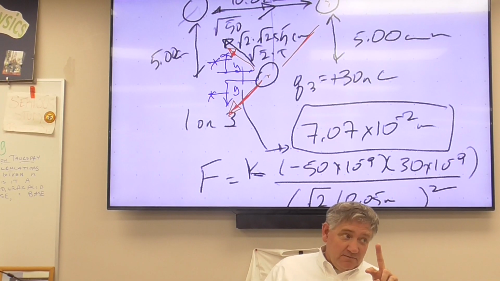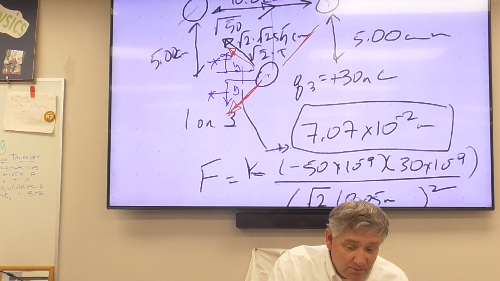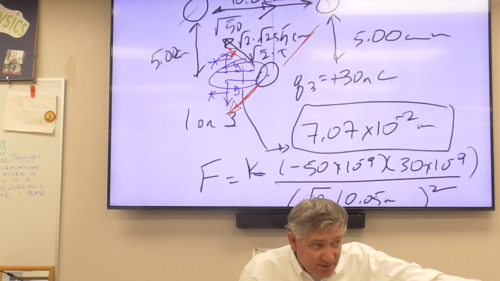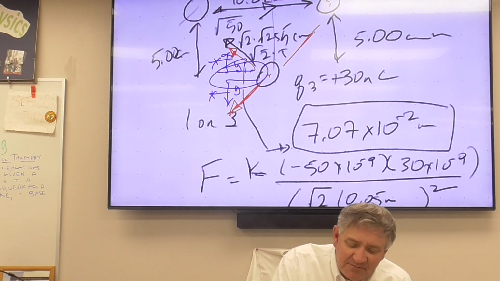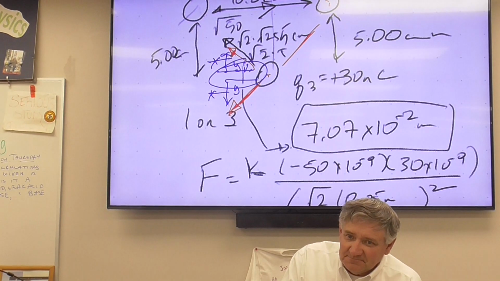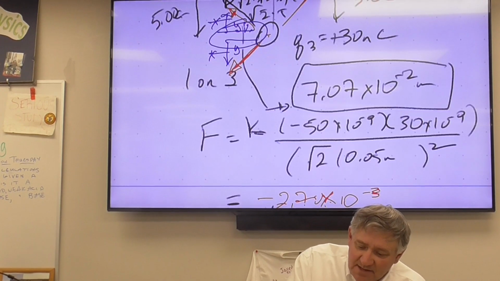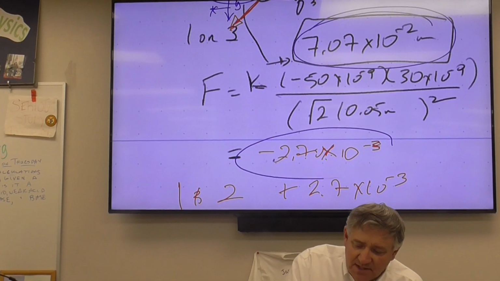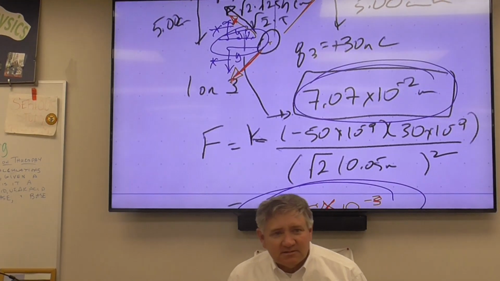Your Y components are both going in the same direction. But here's the story. What do you have to have? Because you know what the hypotenuse is. You know the hypotenuse of that is the 2.70 times 10 to the negative third. What do you have to have to find the X and Y components?